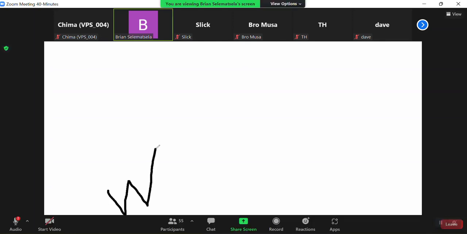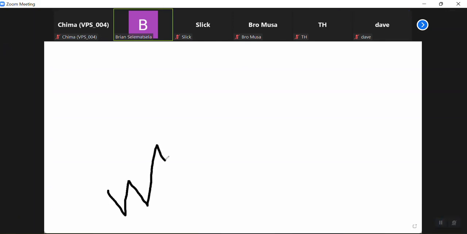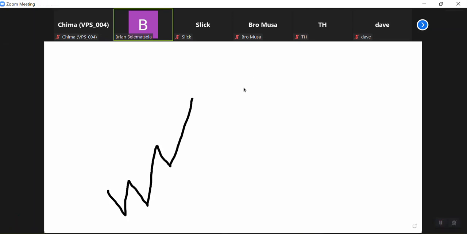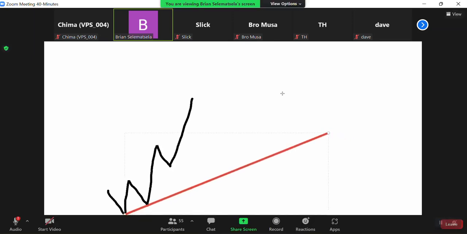For a buy setup, we have a line here that we call the footprint line.